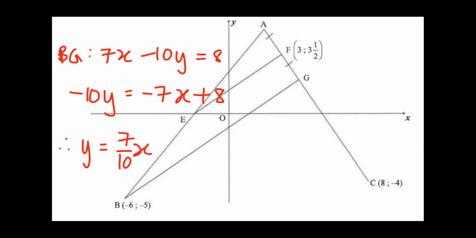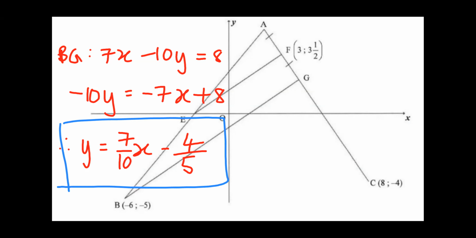And then 8 divided by -10 is negative 8 divided by 10, I think that is 4/5, because 2 can go into 8 4 times and 2 can go into 10 5 times. So 4/5.